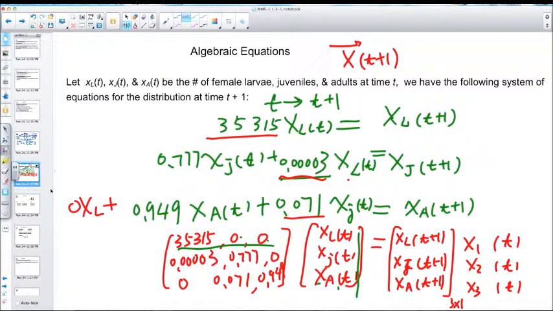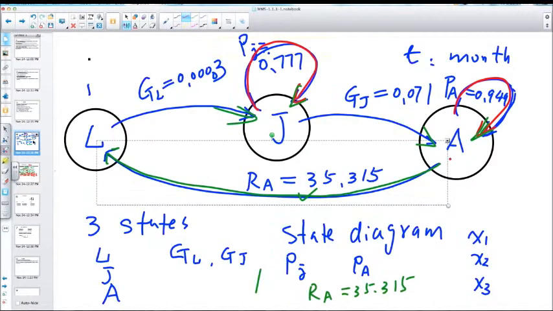Wait a moment, I made a mistake, I'm sorry. That's wrong. That's XA, because you look at the model, only the adult will make the larva. It's not the larva. So the population multiplied here is the female adult population. That's XA.